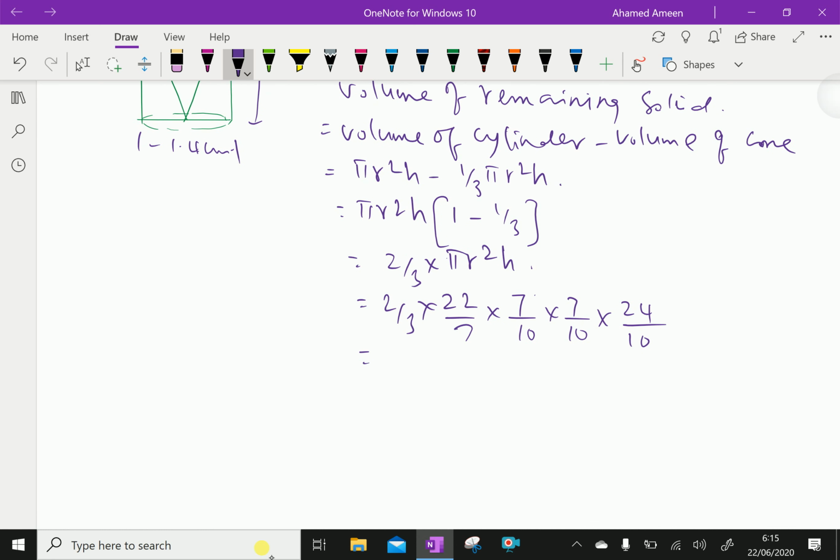So we have 2 into, the 7 is cut here, 2 into 22 is 44, and 24 is 8 times 3, so 8 is cut with 24 giving 3. Now the balancing numbers are 2 into 22 is 44 and 7 into 6 is 56 over 1000.